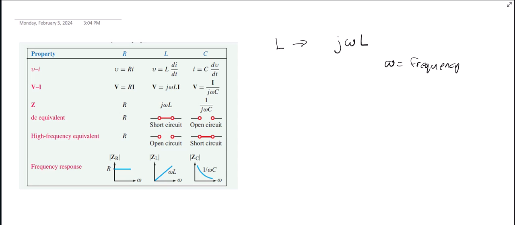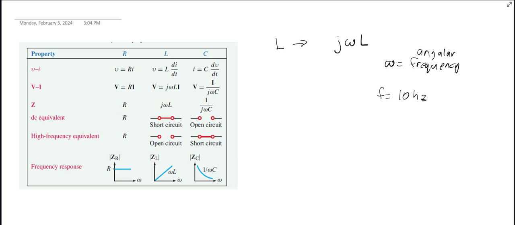It's actually the angular frequency, although a lot of times we just call it the frequency, but you have to pay attention to the units to see which one we're talking about. If we give a frequency and we say it's 10 hertz, then that's frequency F, that's not angular frequency.